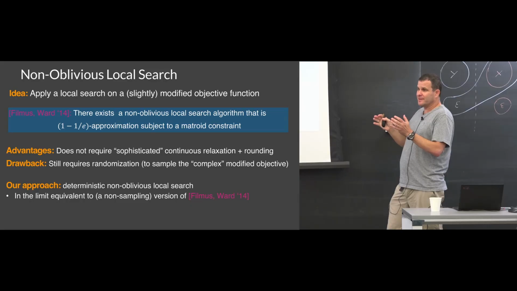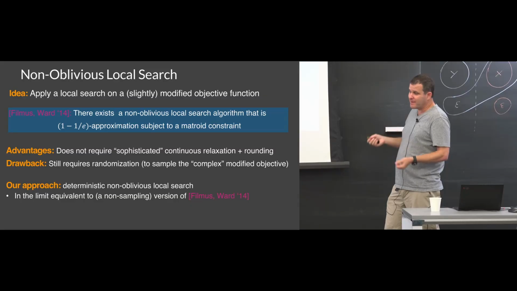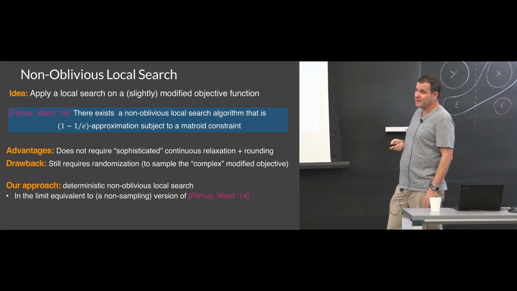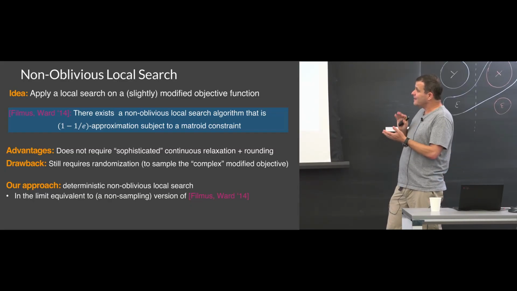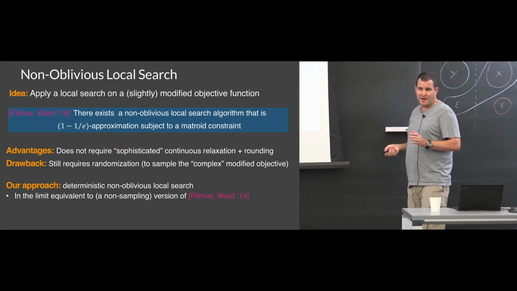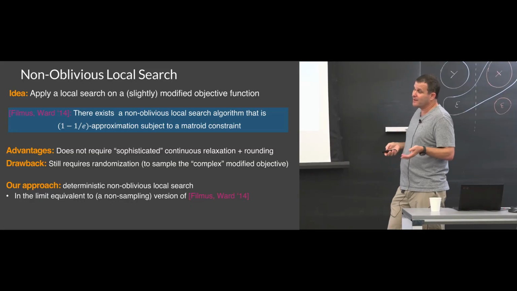The drawback is that the objective function itself is very complex, and you cannot evaluate it. You need to sample, and then you still have randomization. So what we are doing, we have a deterministic non-oblivious local search. In the limit, it is the same algorithm of Filmus and Ward, but I will not describe it this way. I will describe it in, I think, a simpler way.